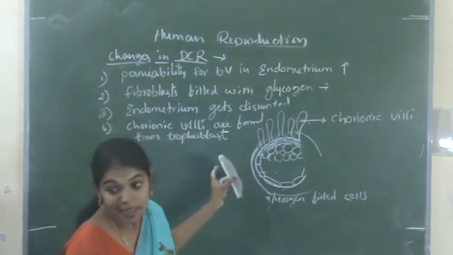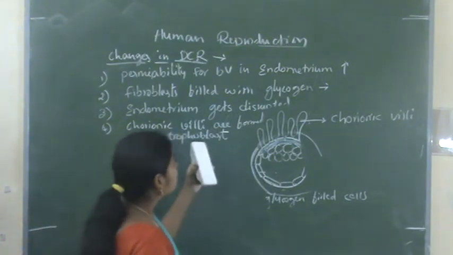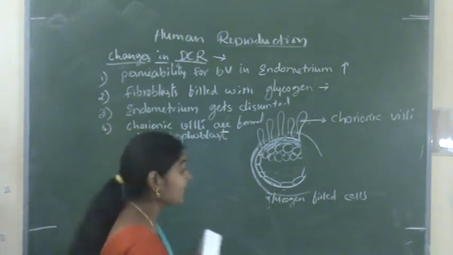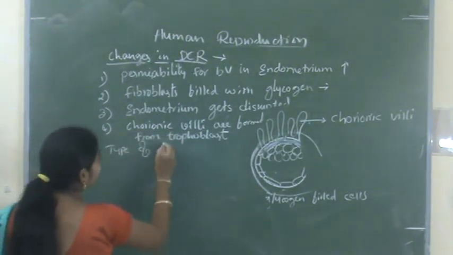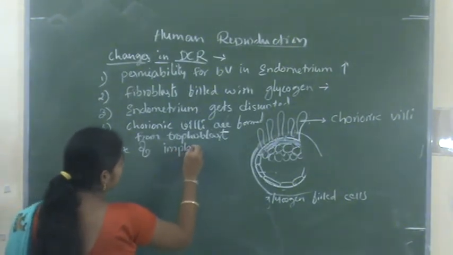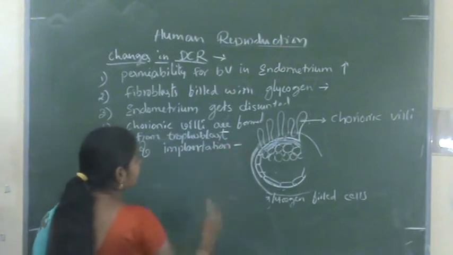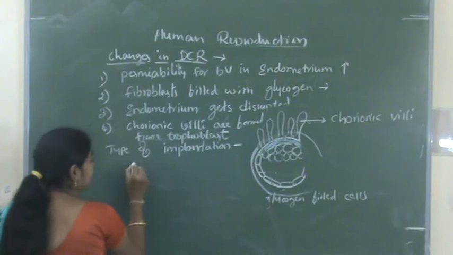And this is the next stage. In human beings and apes, the type of implantation is interstitial type.